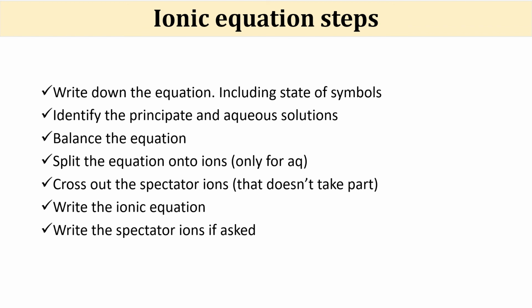Then cross out the spectator ions. What is the spectator ion? An ion that does not take part in the reaction is the spectator ion. Finally, we write the ionic equation, and if they have asked you to write the spectator ion, you write it separately, stating that this is the spectator ion.